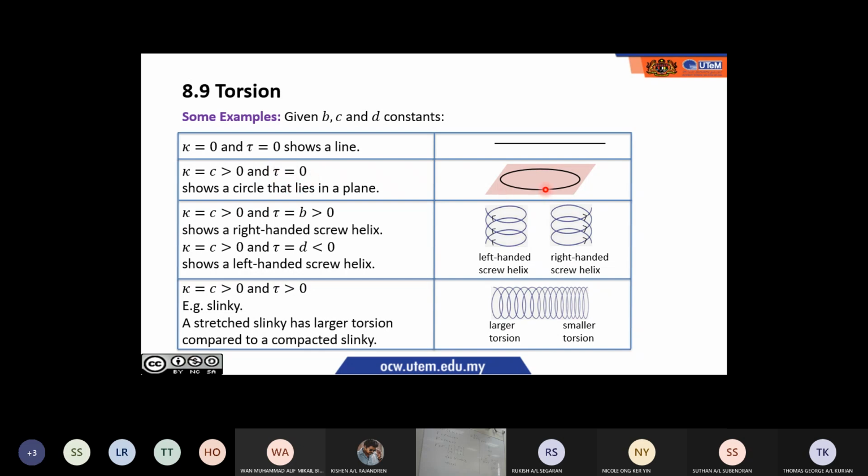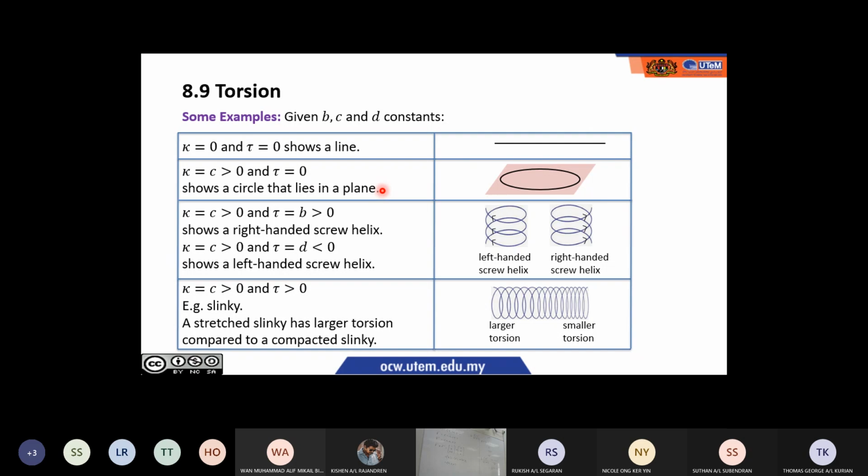If you review the past year questions, I think there is one question asking what you have when curvature is 0 and torsion is 0, or curvature is constant and torsion is 0. Then you have to give an answer: a circle that lies in the plane.